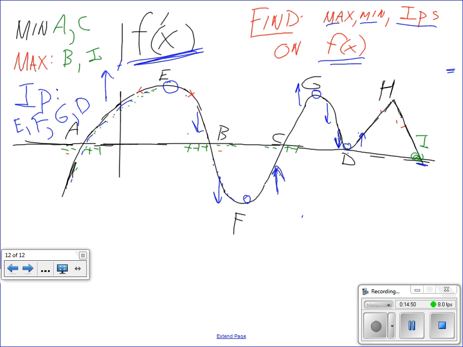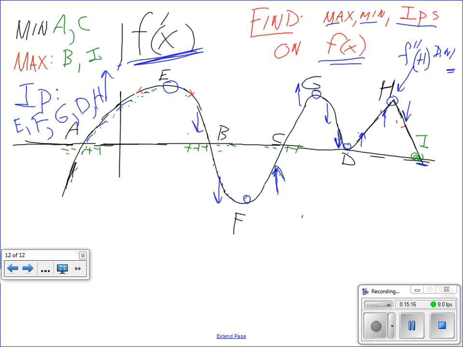Okay, now we've got point H. This is little H, and again, the first derivative goes from concave up to concave down. So H is an inflection point. Now, some people might say that the second derivative at H does not exist.